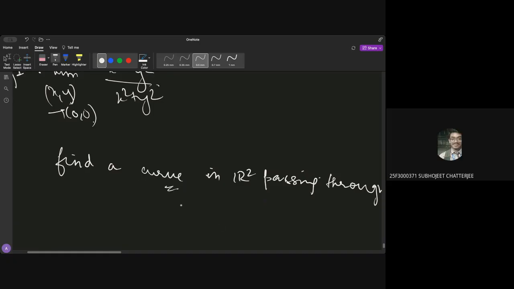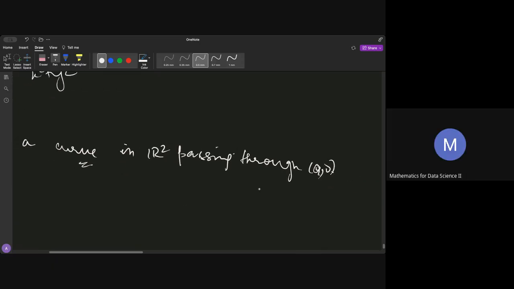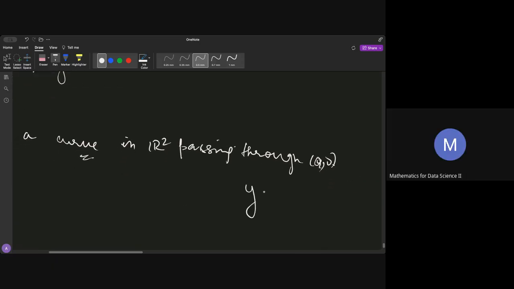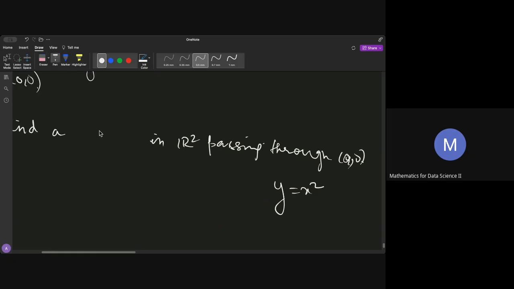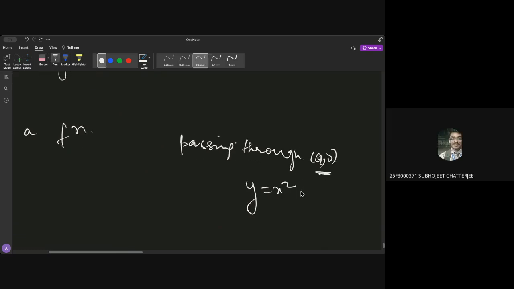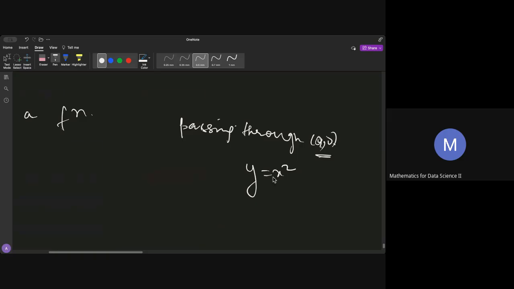Ma'am, you can take x square, the parabola. So we can take y is equal to x square, or instead of complicating this, I'll just write: find the function. Yeah, a function's graph passes through (0, 0). So we'll take a function that passes through (0, 0). So you'll have y is equal to x square, right?